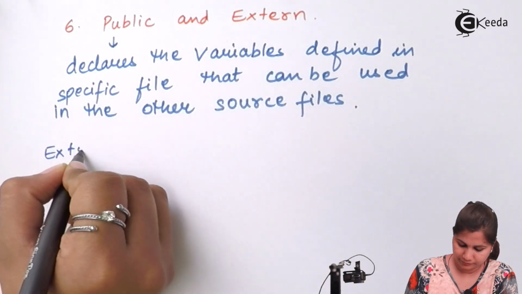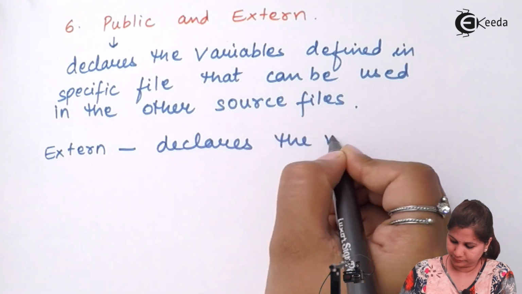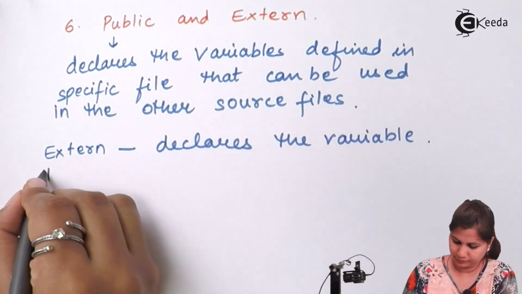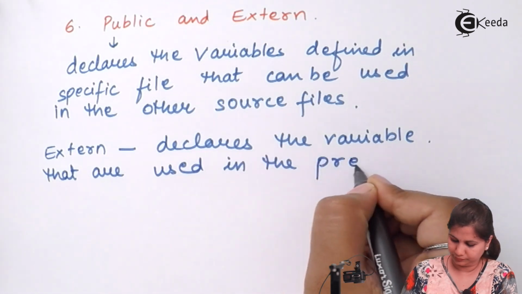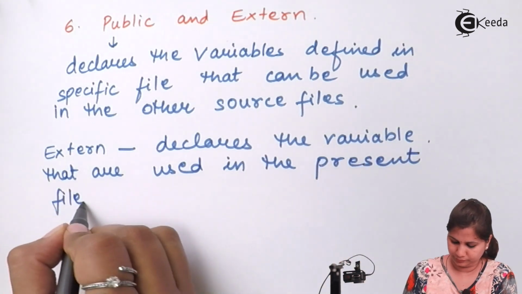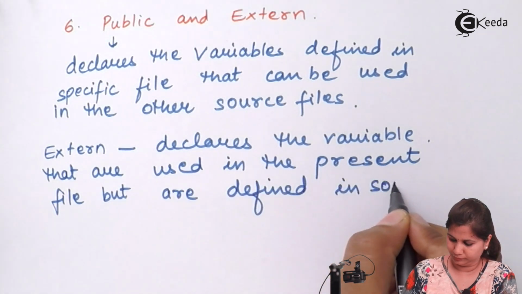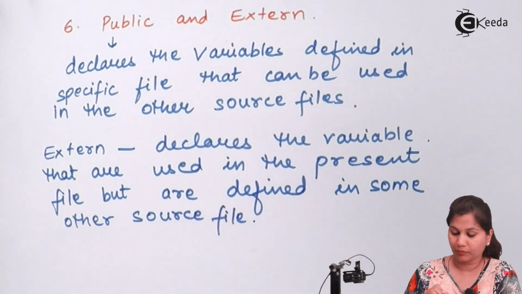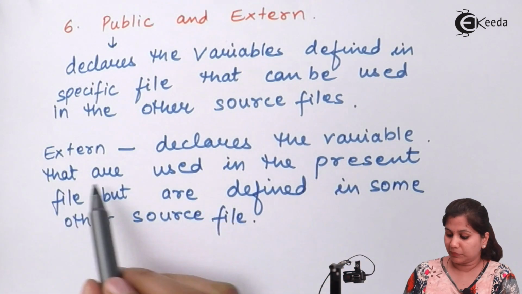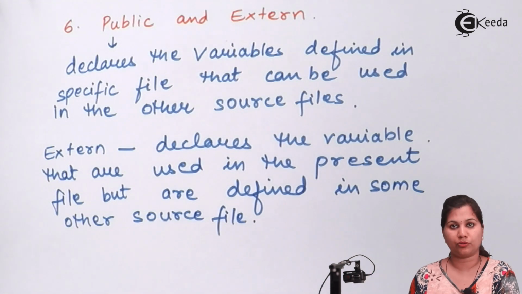Extern declares the variable that are used in the present file but are defined in some other source file.